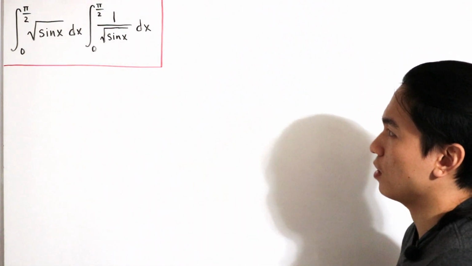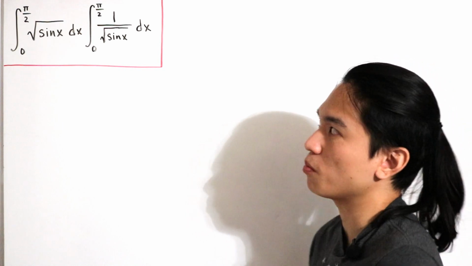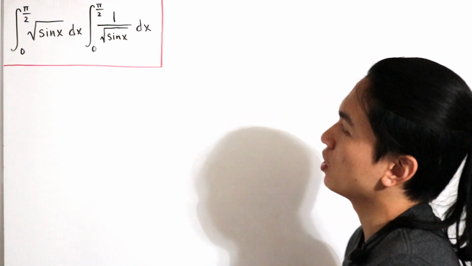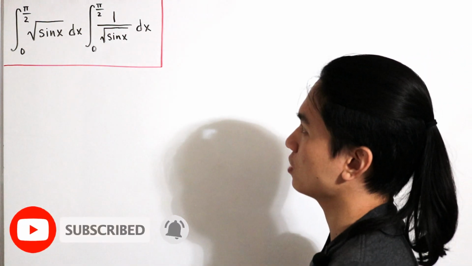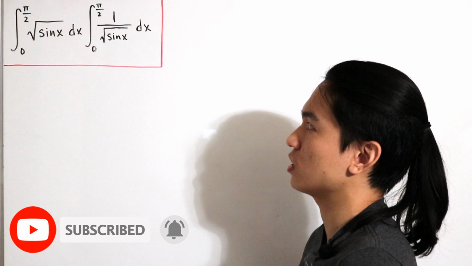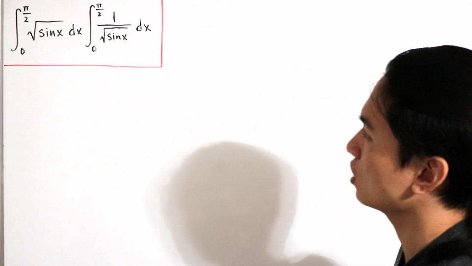So here we have a product of definite integrals, both with the same bounds from 0 to pi over 2, one with the integrand of the square root of sine of x multiplied with the integrand of 1 over the square root of sine of x, or inverse square root of sine of x in other words.